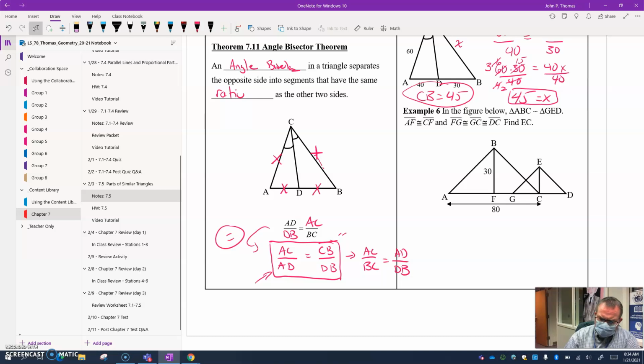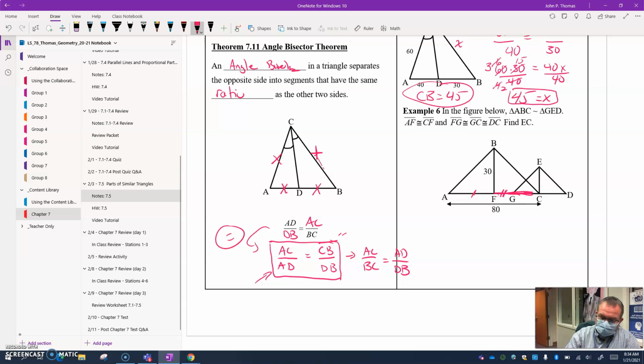In example 6, it says in the figure below, triangle ABC is similar to GEF. So again, there's a little bit of overlap in this one, but that's okay. They tell us AF is congruent to CF. So this piece here is congruent to this full piece here. All right, FG is congruent to GC.